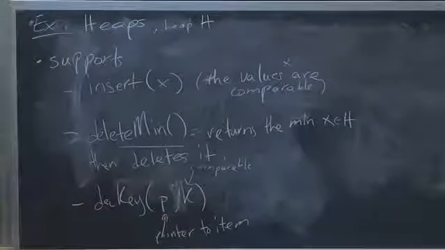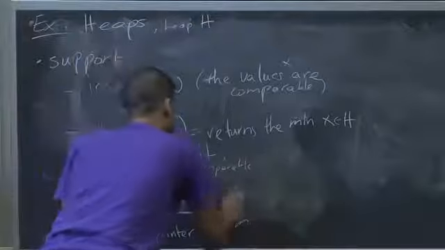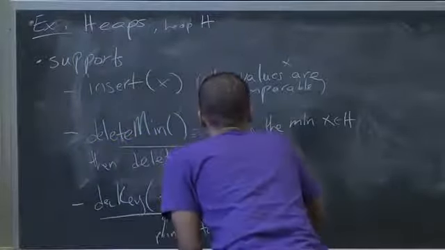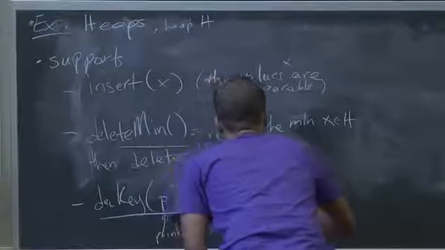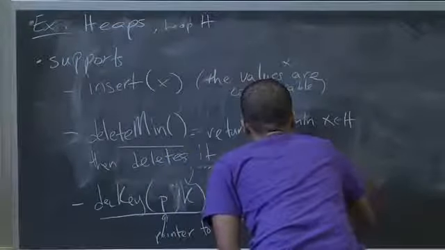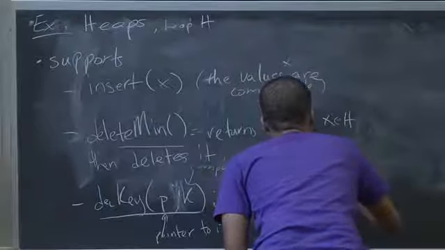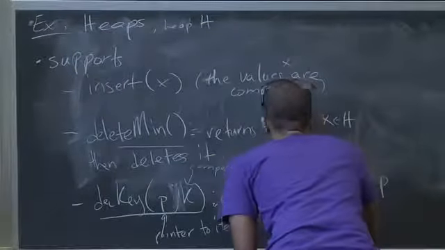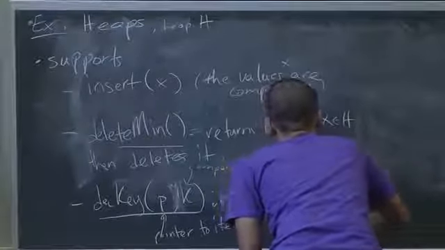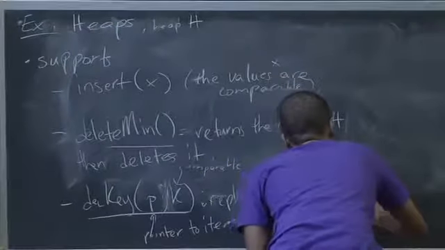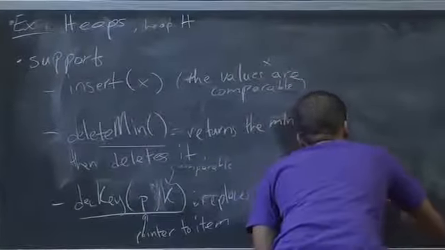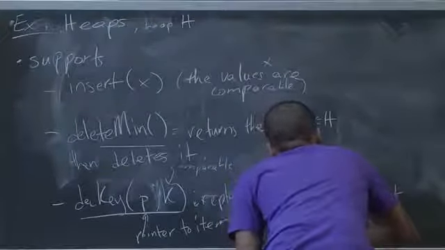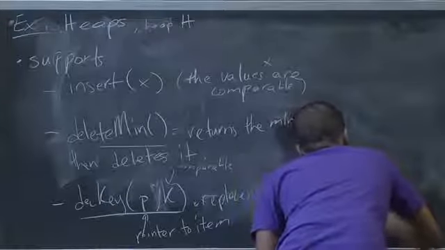What this does is replace the key at item p with k, which must be at most p's current key.